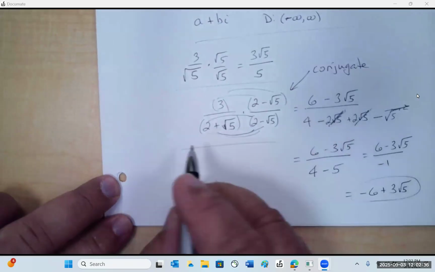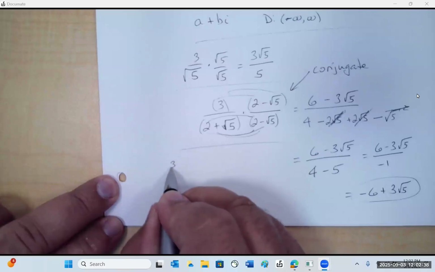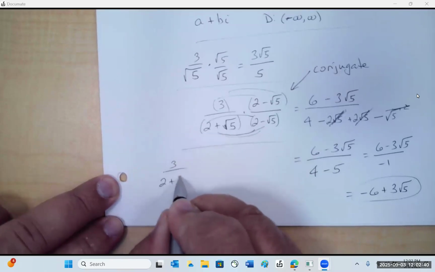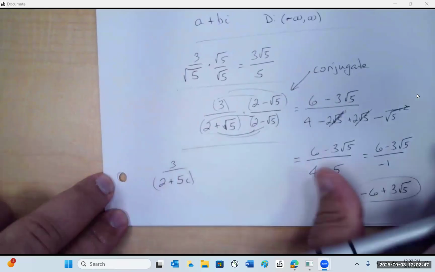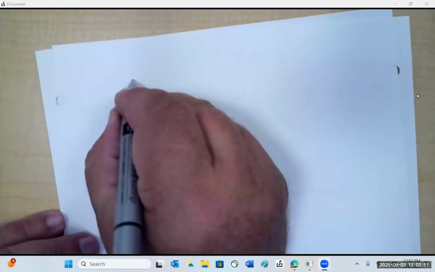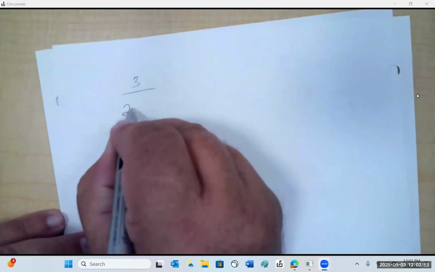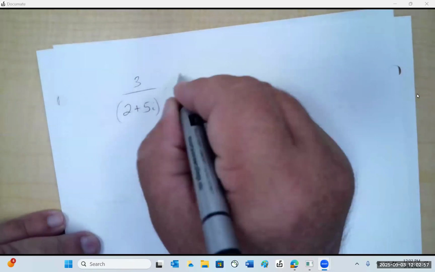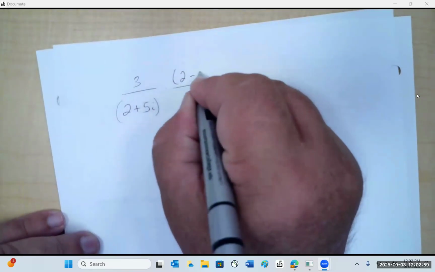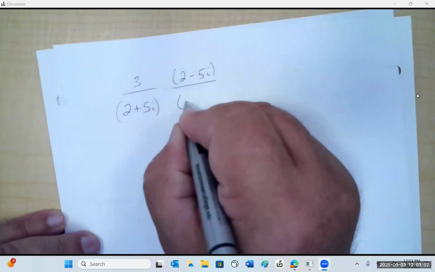It would work the same way if we had 3 over 2 plus 5i. What do we have to multiply by here? Let me do the next page. So we had 3 over 2 plus 5i. So our conjugate would be 2 minus 5i.